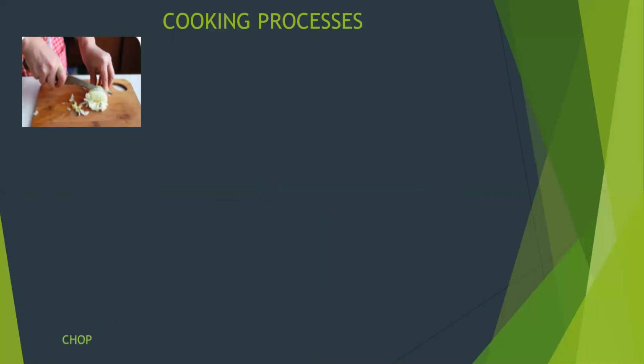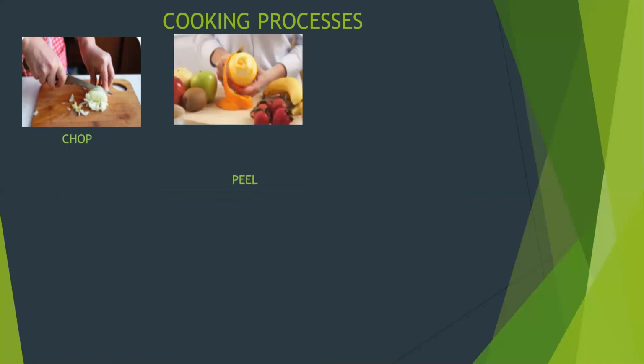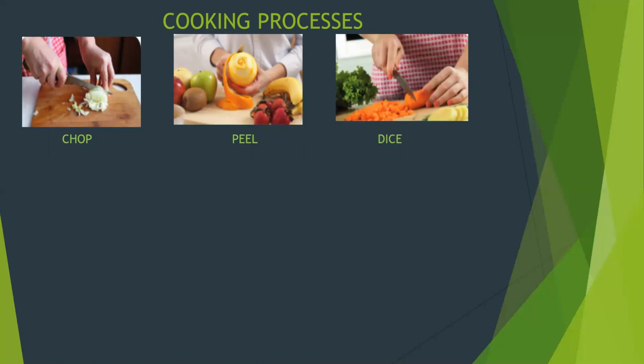Chop. To cut something into small pieces, as in the example, chop the onion. The second one, peel, to remove the skin of fruit or vegetables, peel the orange. The third one, dice, to cut food into small square pieces. Cut the carrots into small dice.